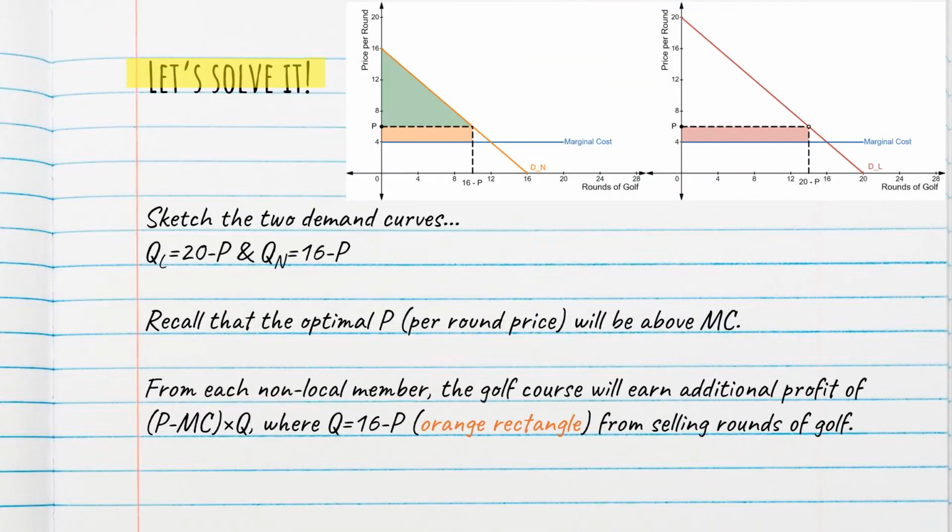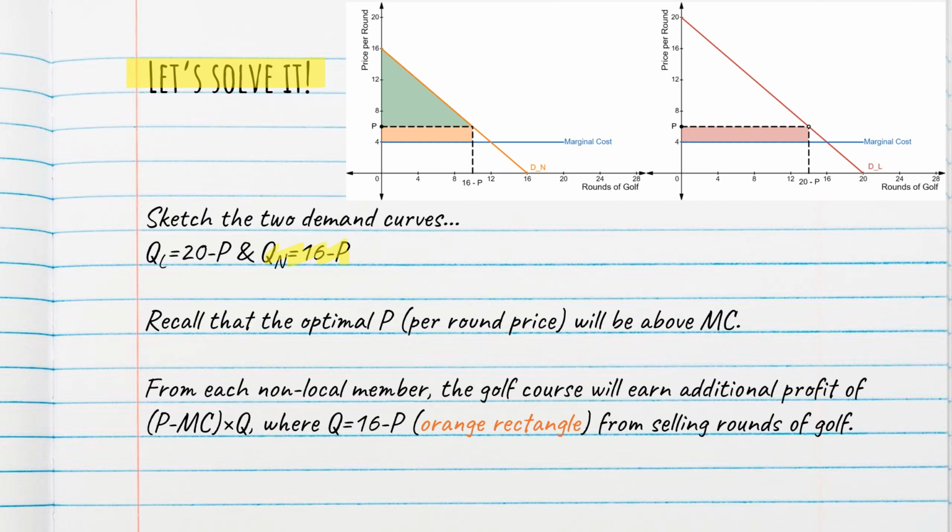It turns out that from each non-local member, that's the orange line, the golf course is going to earn additional profit of price minus marginal cost times Q, where Q is 16 minus P, coming from the non-local demand curve here. Well, what is price minus marginal cost times 16 minus P?